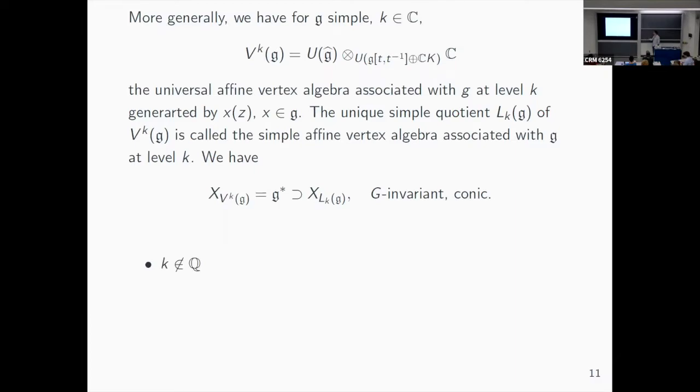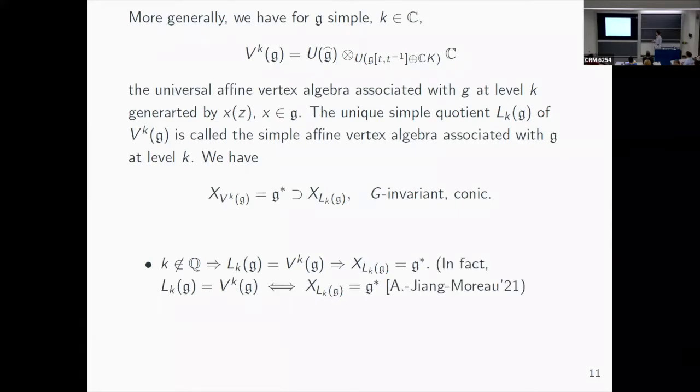When k is not rational, then in fact this universal one is already simple, so the associated variety is g star. And you can show that these two things are the same if and only if the associated variety is g star.